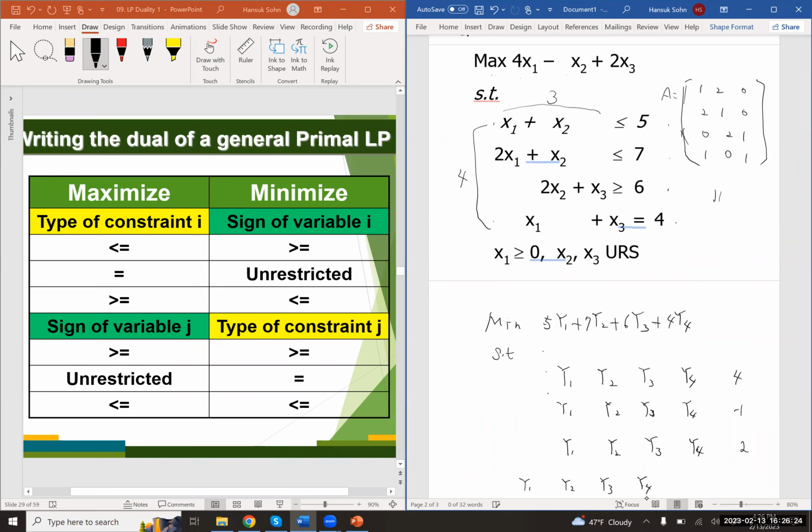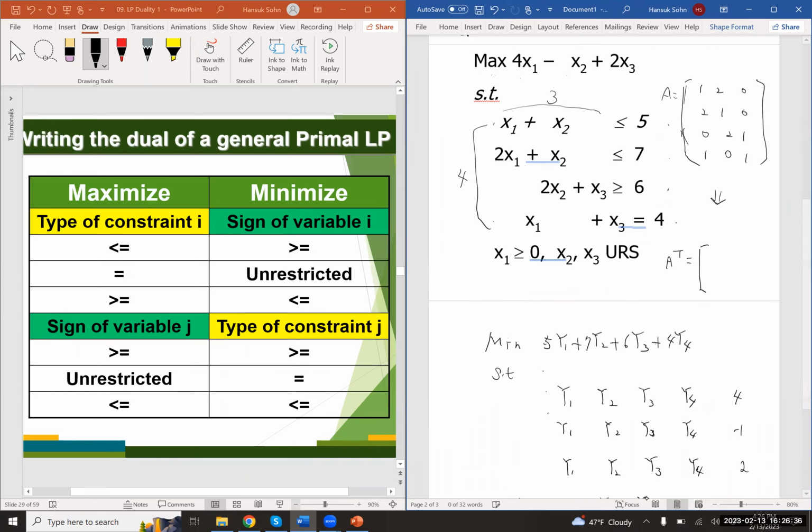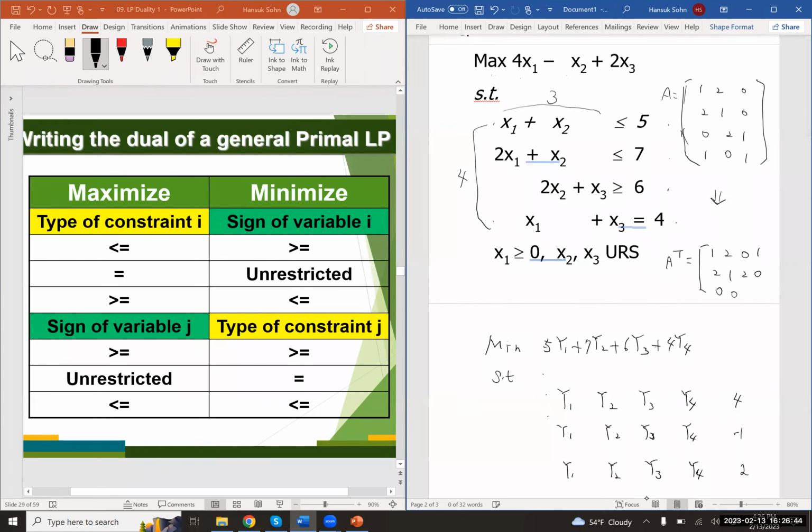Okay, which means the constraint coefficient matrix in the dual problem is going to be A transpose. That's going to be 1, 2, 0, 1, 2, 1, 2, 0, 0, 0, 1, 1, right?